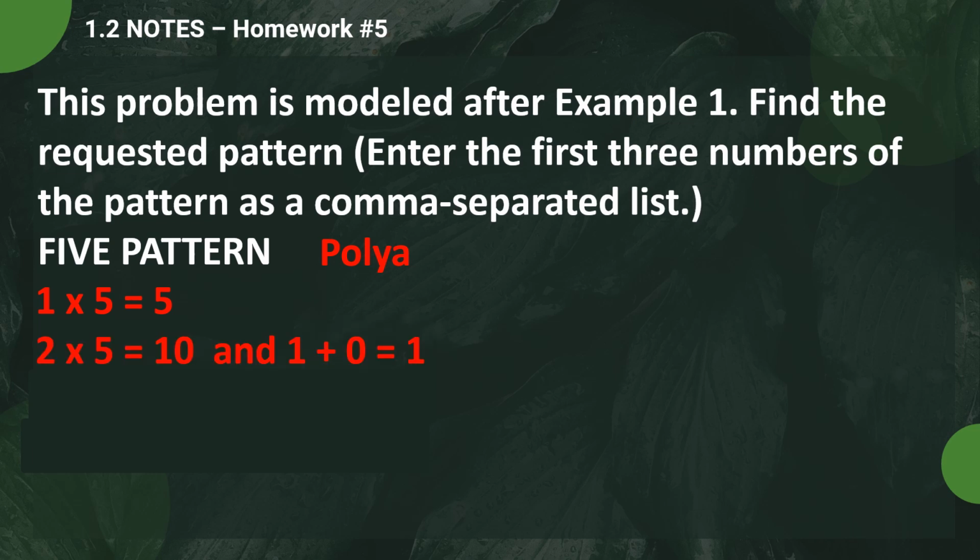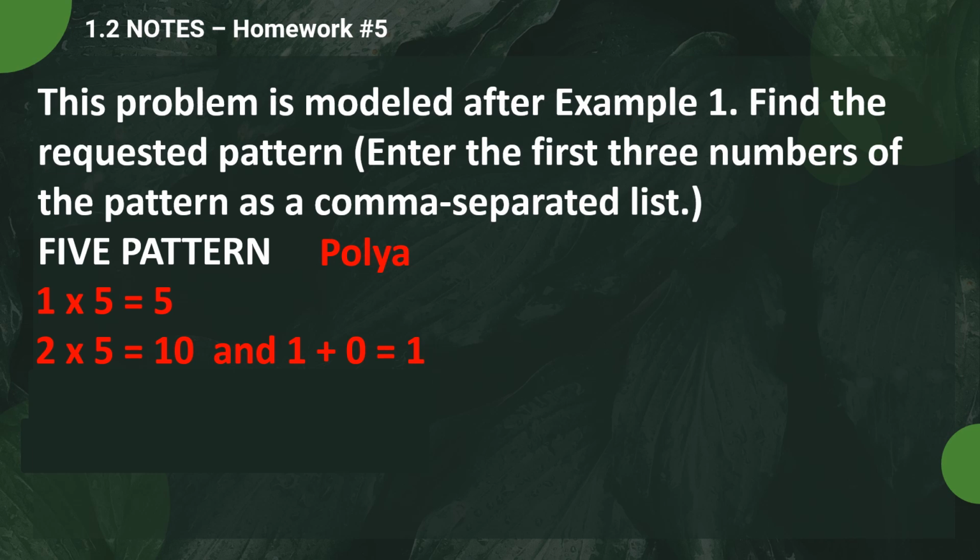Then 2 times 5 is equal to 10. Then we take the digits of 10 and add those digits together: 1 plus 0 is equal to 1. There was only one digit in 5, so there's nothing to add, it's just a 5. But this one would be 1 plus 0 is equal to 1.